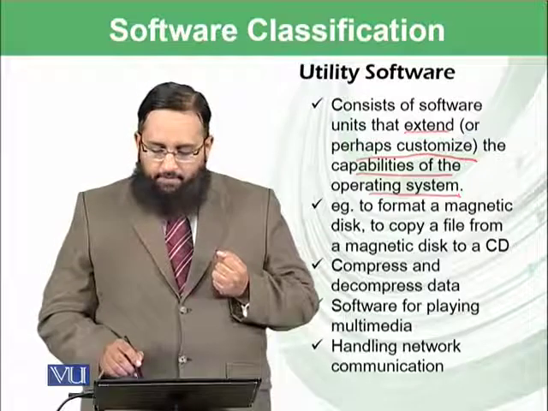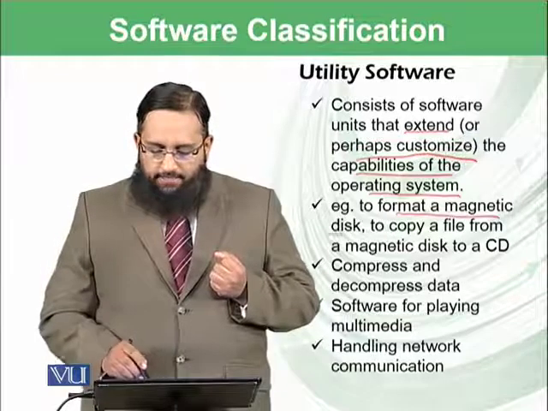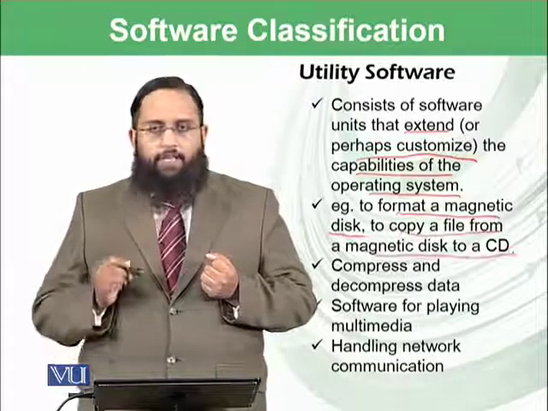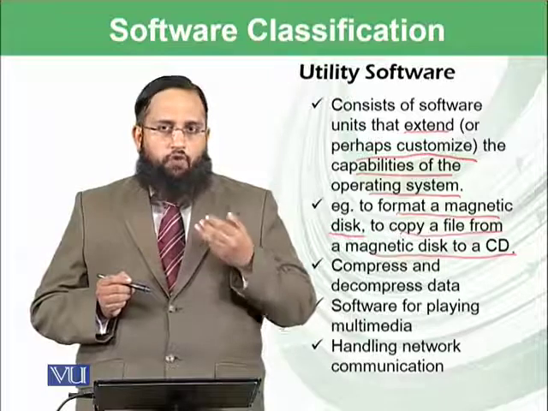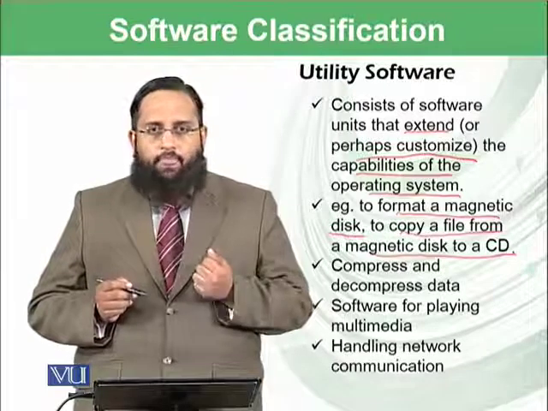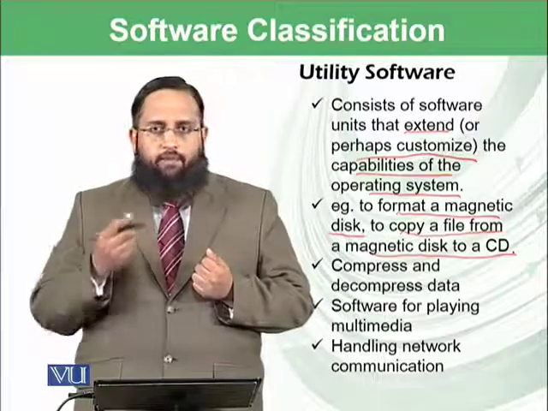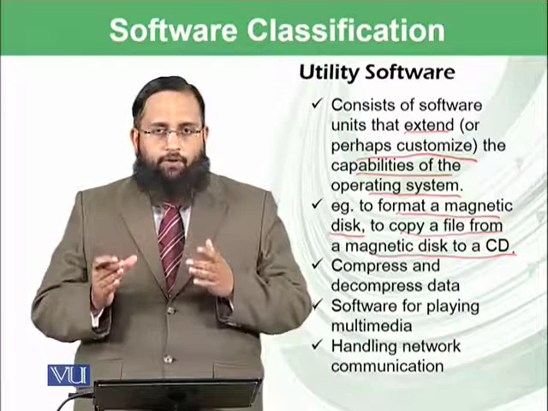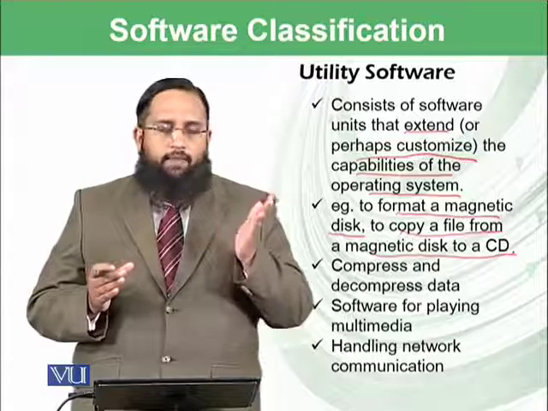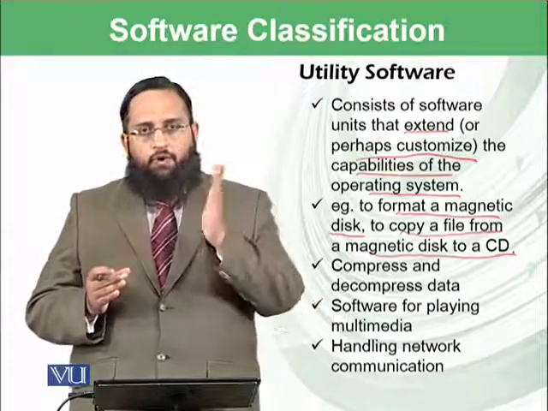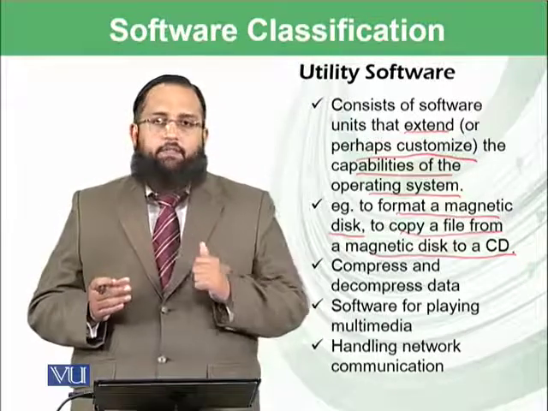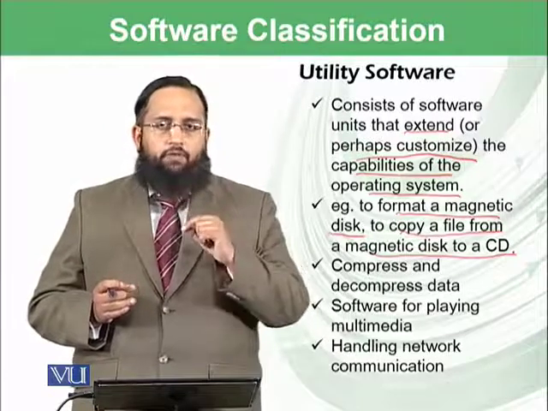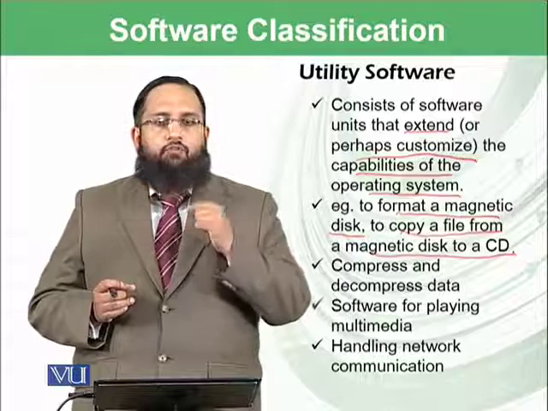So for example, formatting a magnetic disk, or copying a file from a magnetic disk to a CD. Such software can be installed on your computer. If you purchase a DVD or CD drive in your computer and you want to copy a file from the magnetic disk to a DVD or CD-ROM, you need a particular software. Such software will be known as a software utility.